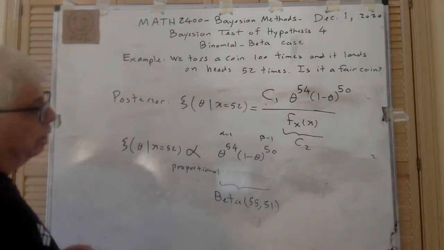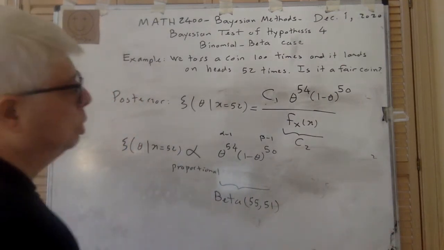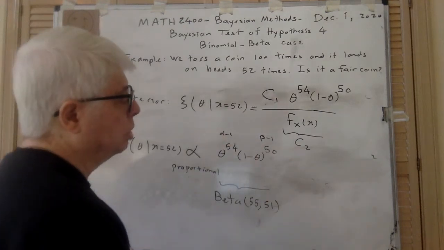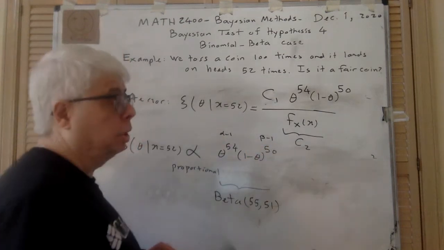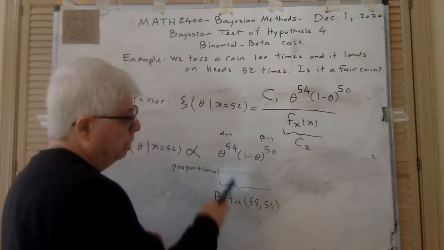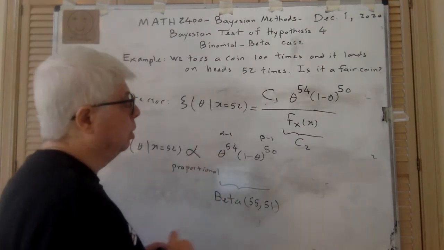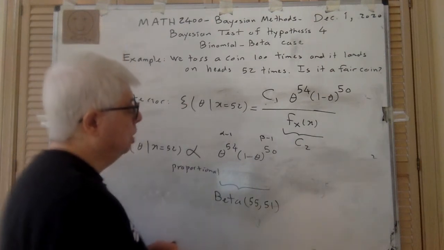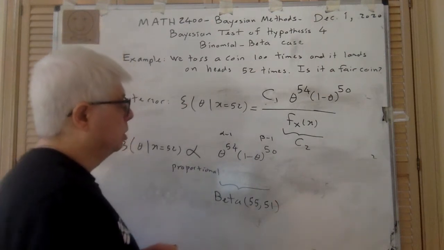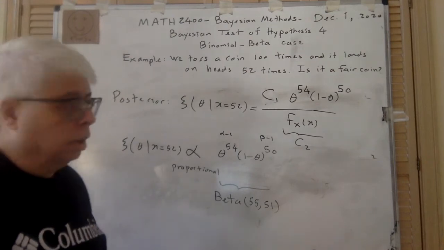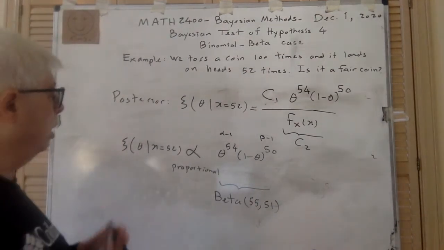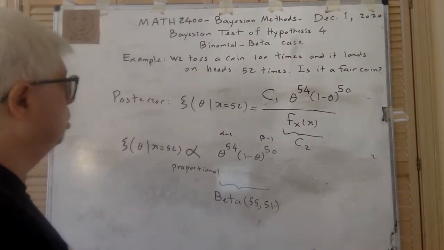So without even looking at the constants, I can find this. In fact, I have given it like that in the notes. If you look at the notes, you will see that eventually we will get this. So I have the posterior distribution.